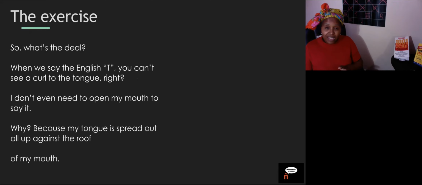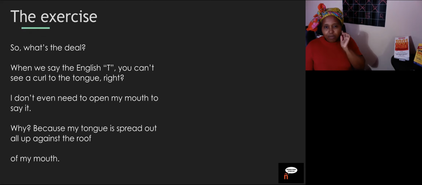When we say the English T sound, as in talk, you can't see a curl to the tongue. You can't even see the tongue. Talk. All you see is teeth because the tongue is completely inside. You don't have to open your mouth to say a T. Plus, the tongue is spread out along the roof of the mouth when you go t.